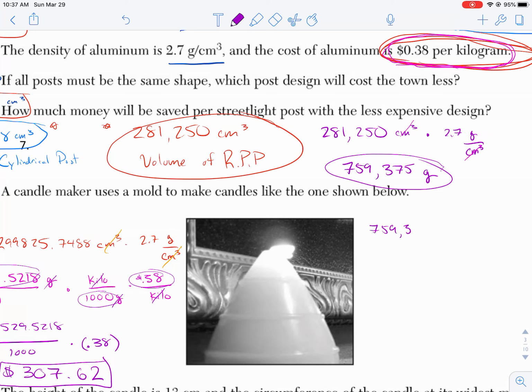And finally, in order to find out what this costs, we first have to convert this from grams to kilograms. So I'm going to multiply: 1 kilogram is equal to 1,000 grams. And the cost of this aluminum is 38 cents per kilogram.